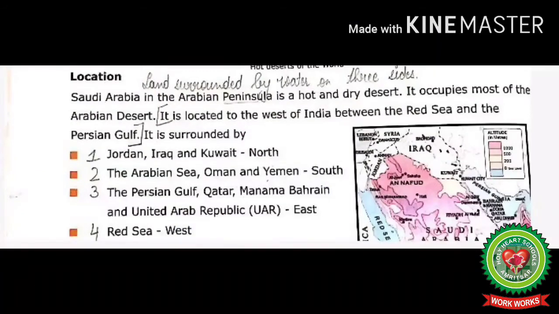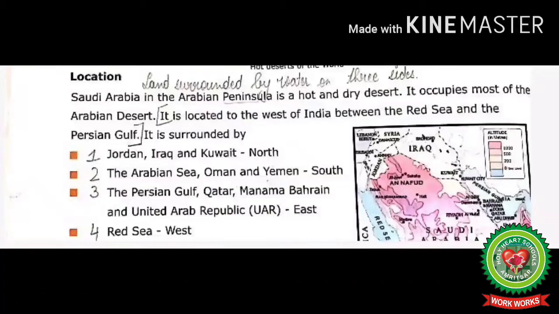Location: Saudi Arabia in the Arabian Peninsula is a hot and dry desert. Students, the word peninsula means land surrounded by water on three sides. It occupies most of the Arabian desert.